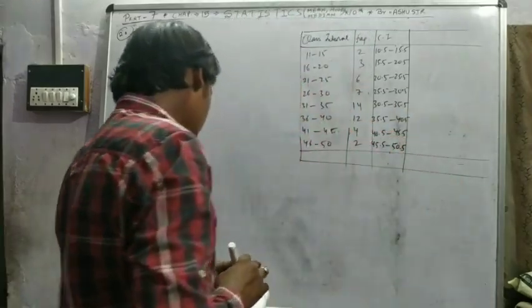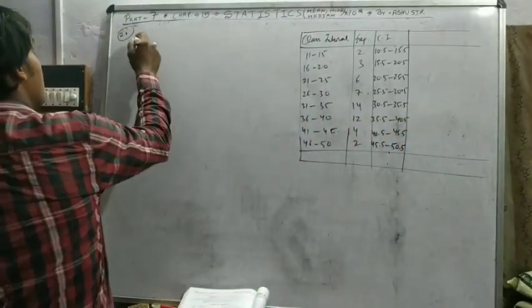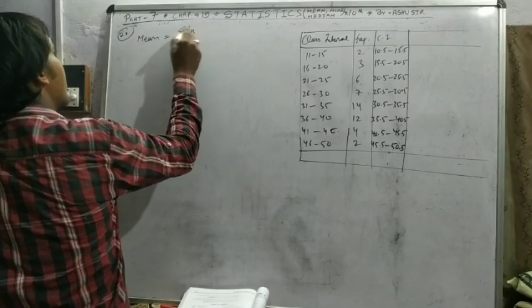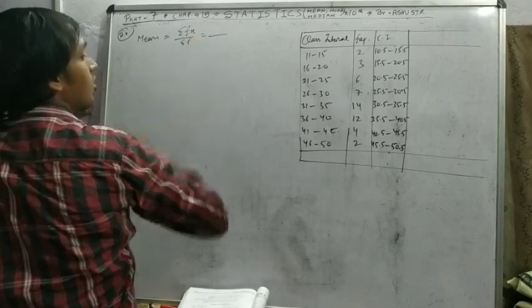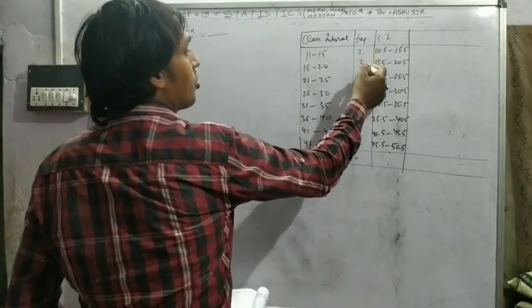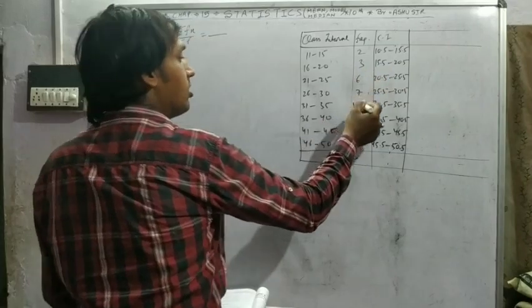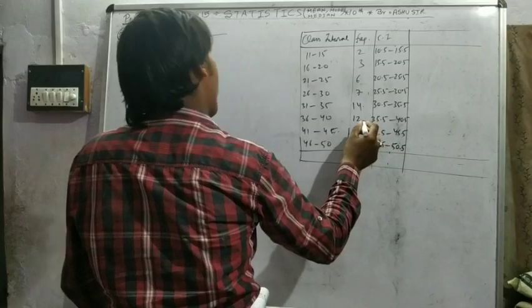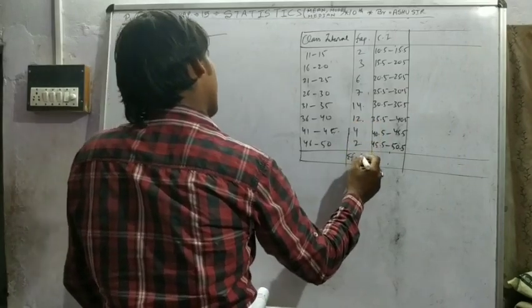Then to find the mean, mean is equal to sigma fx upon sigma f. Sigma f, we can total this: 2, 3, 5, 6, 11, 18, 4, 22, 32, 34, 50.